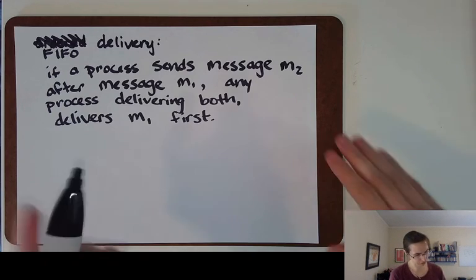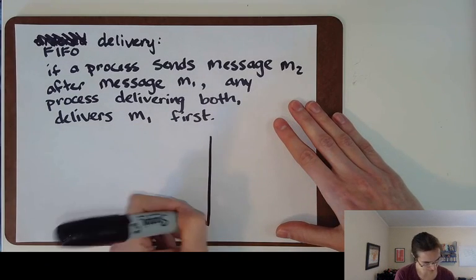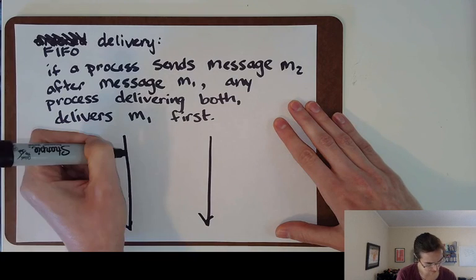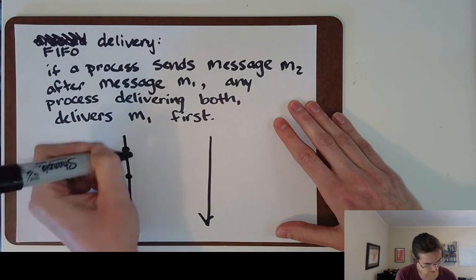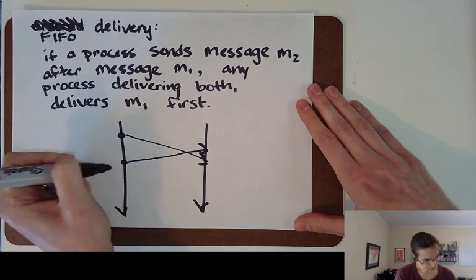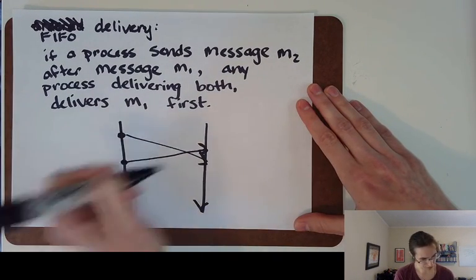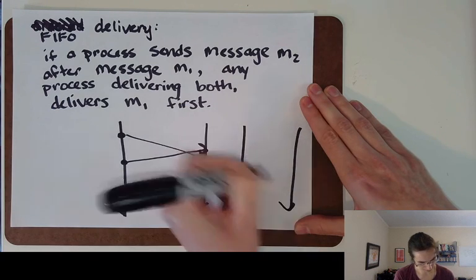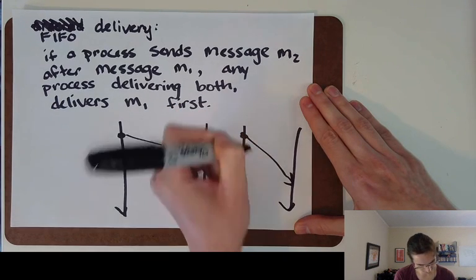But a violation of FIFO delivery would look like this. Or if you don't like the idea of arrows going backwards in time, then you could draw it more like this.